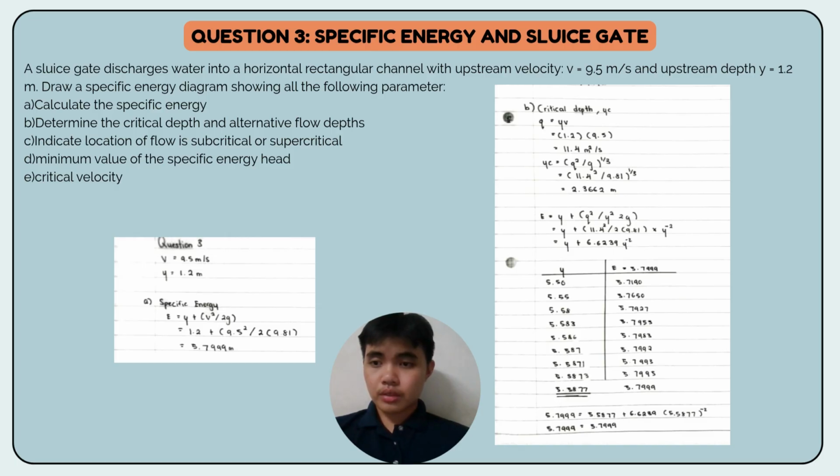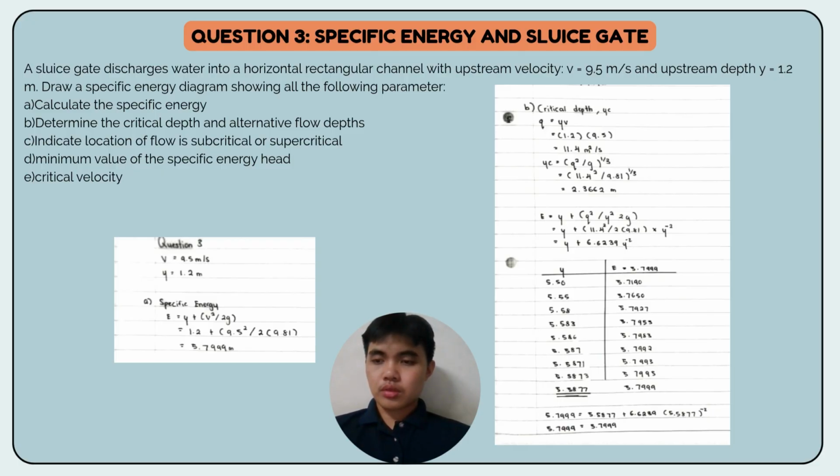Next, we calculate the alternative depth. E equal to y plus 11.4 squared over 2 times 9.81 times y to the power of negative 2, and we get y plus 6.6239 y to the power of negative 2.